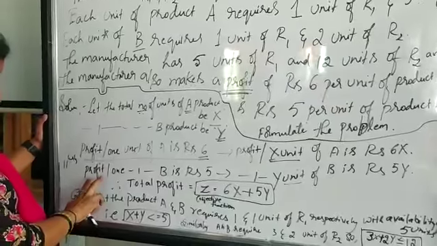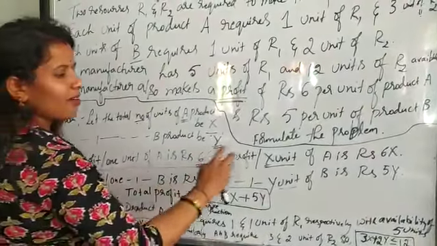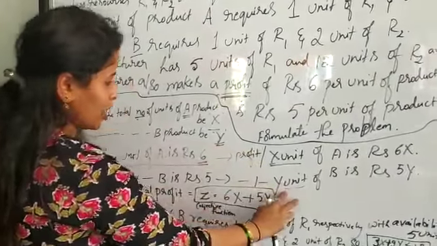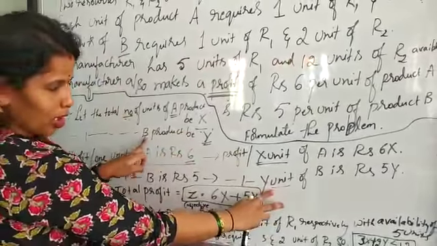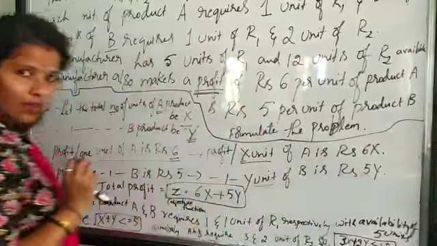The profit for 1 unit of B is 5, so the profit for Y units is 5Y.